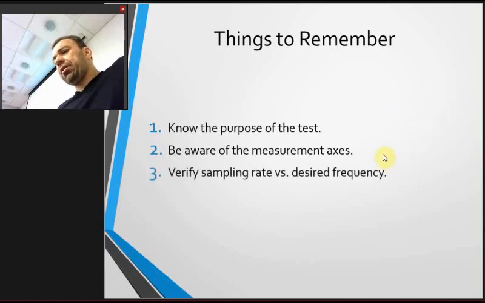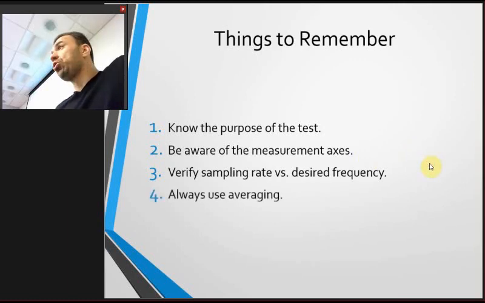Sampling rate versus desired frequency: you need a sampling rate of at least twice your highest frequency in the system. If you can go higher, do so. Always use averaging. We will see this next week, but there is no test that will get you any useful results with one excitation and one response. You always average your responses.